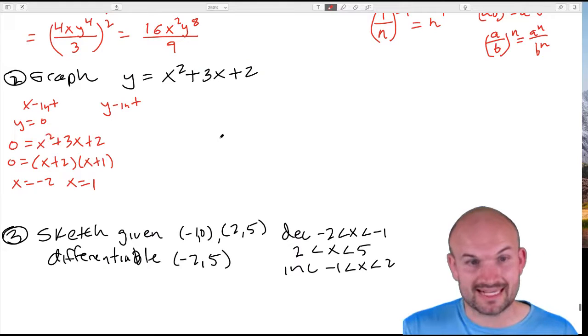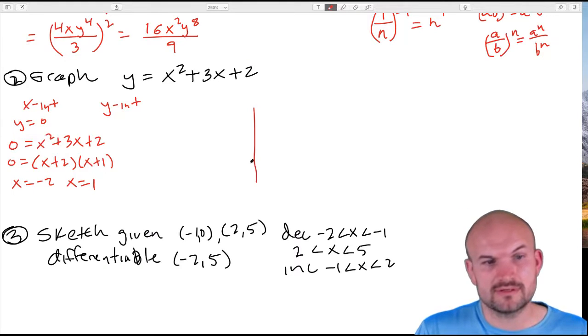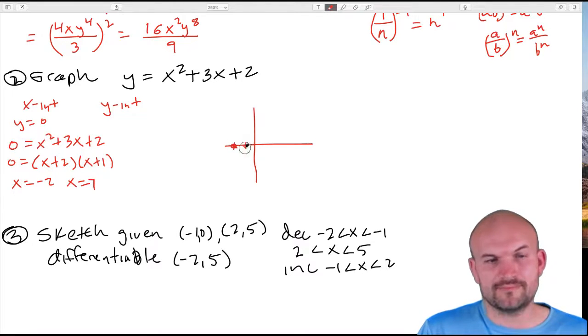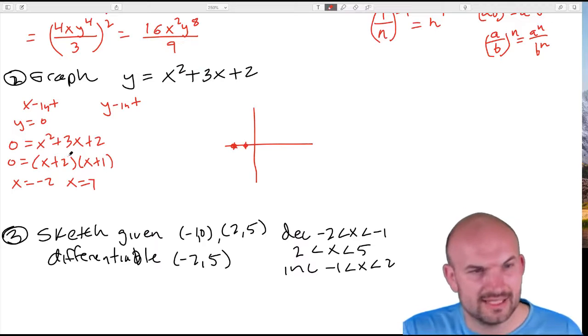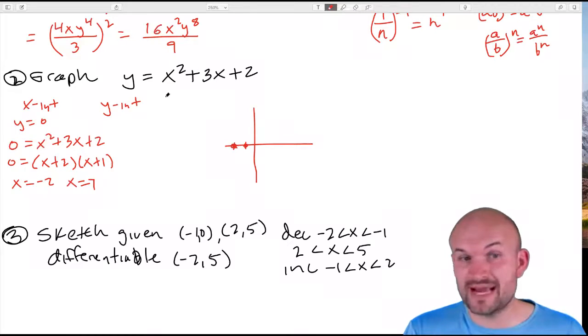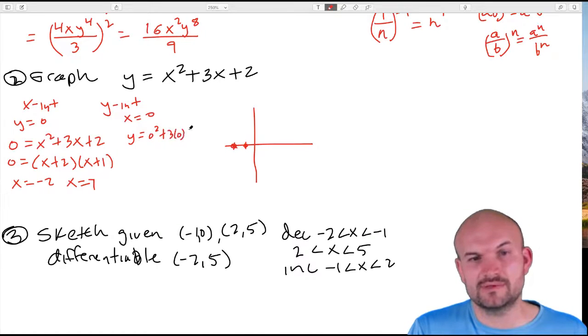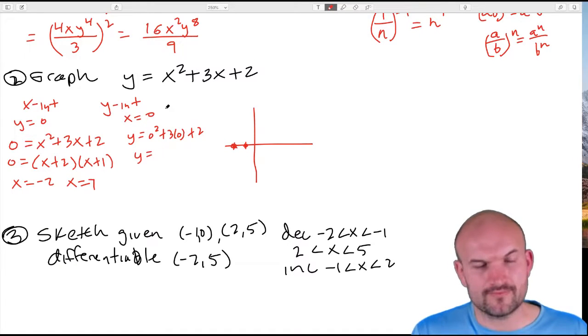So those are going to be my x-intercepts. And then the y-intercept is when x equals 0. So y equals 0 squared plus 3 times 0 plus 2, which gives y equals 2.